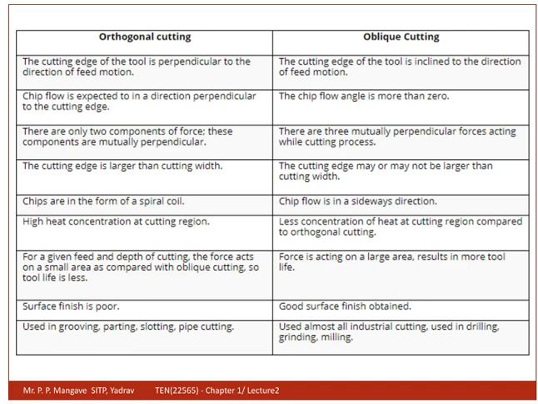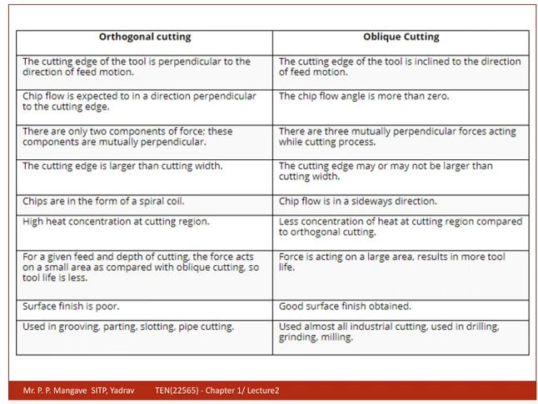That means heat concentration is more in the cutting region in orthogonal cutting, whereas in oblique cutting more tool surface is engaged, which means the area for the generated heat is increased. That means less concentration of heat, that is, less heat is generated. Now here, with less area more forces are acting, whereas with more area less forces are acting.